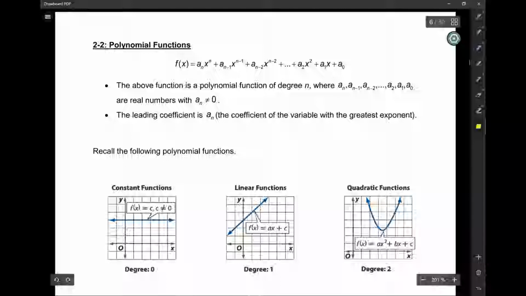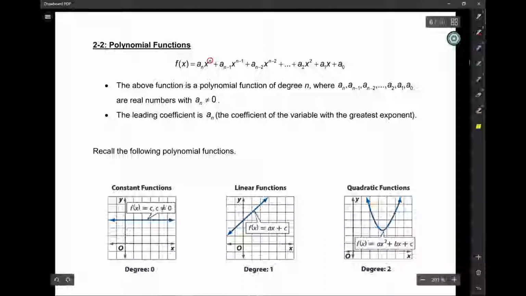The degree of a polynomial is the highest exponent to which the variable is raised, right? So if we normally write the polynomial this way, you see here you have a sub n, x to the n, that's an exponent.